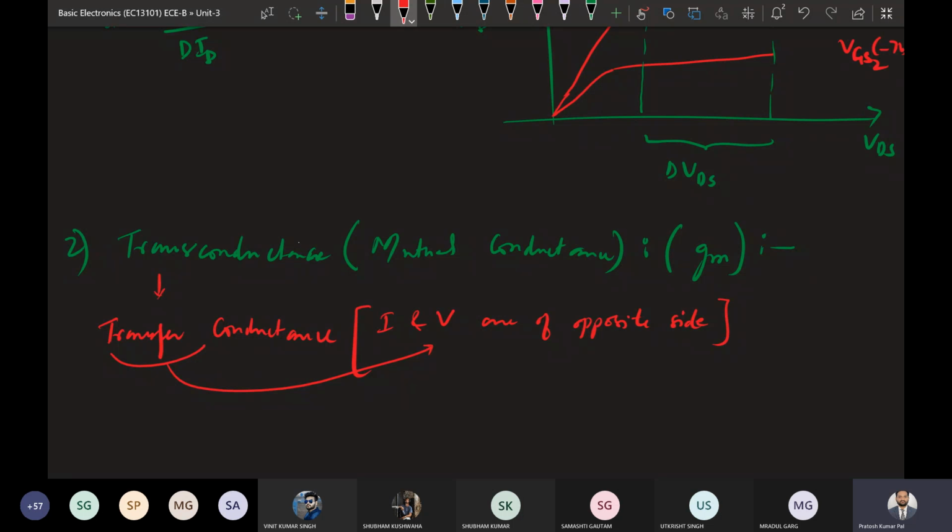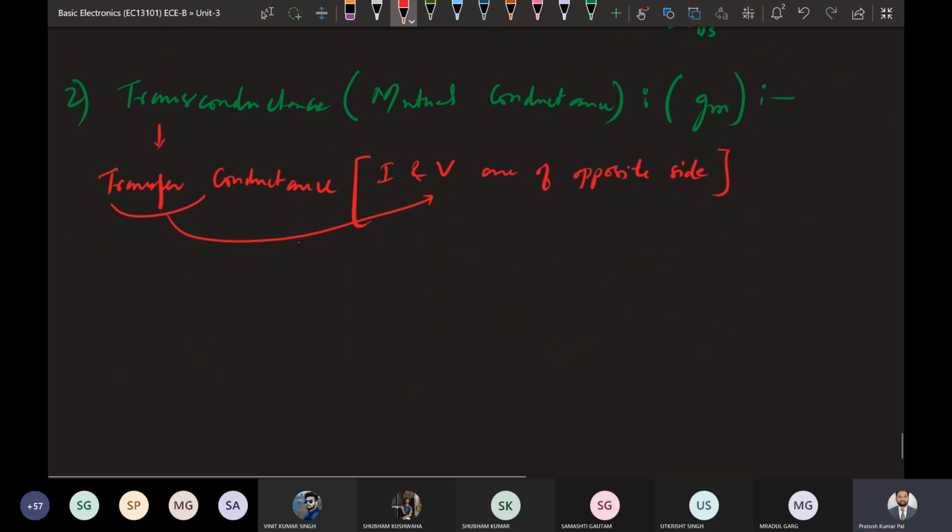Whenever there is a transfer term, the relation between the two parameters, one will be from the input side and another from the output side. So this GM is defined by, but only one current is there, so the current will be ID, but the voltage will be from the input side, that is VGS.